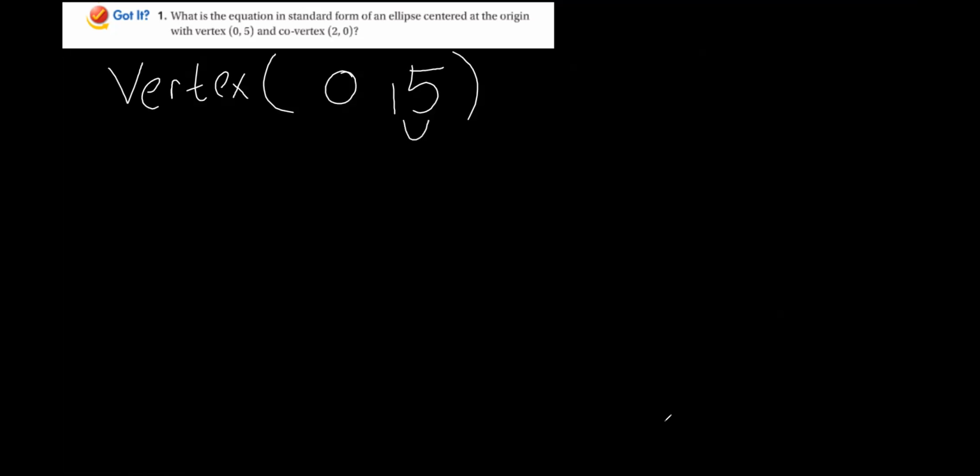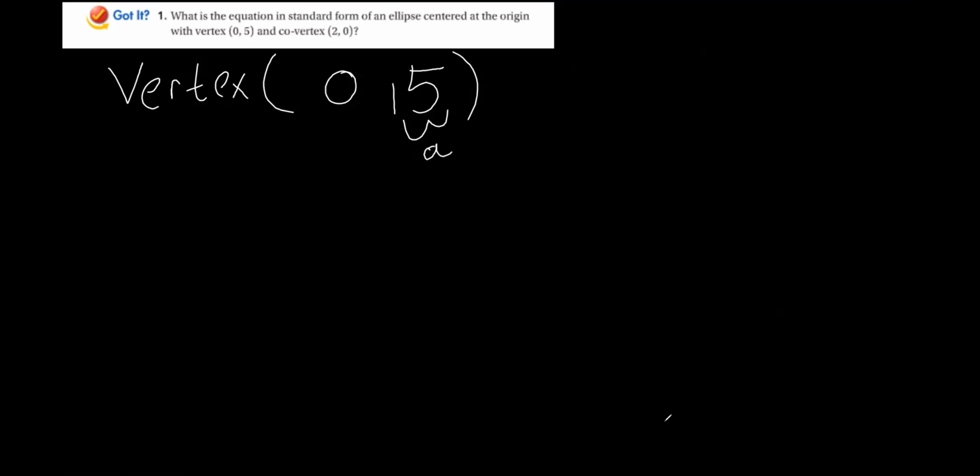Now look at the vertex here. It's vertical. The vertex here is 0, 5. I told you the vertex is A. Where is the value here? Is it on the X or the Y coordinate? The Y. Here A is in the Y.